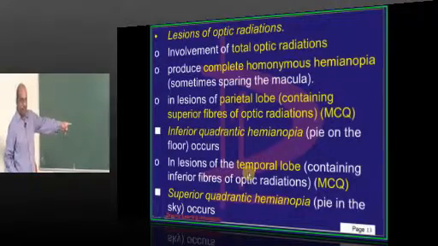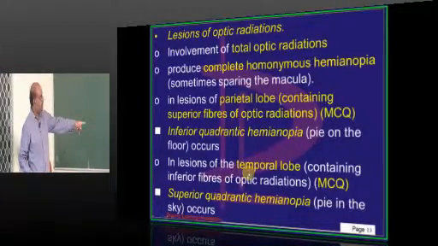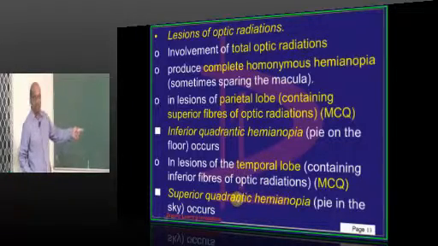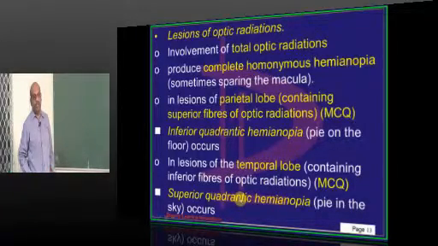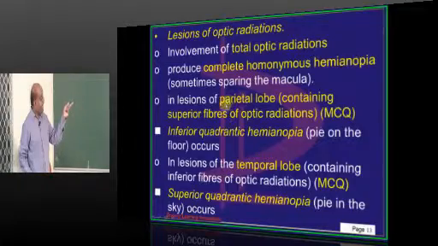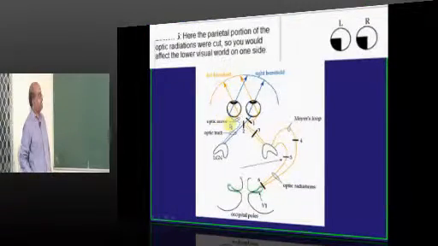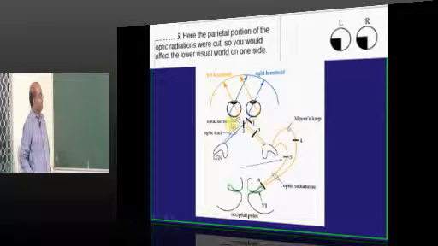It is the temporal lobe, right? So, temporal lobe lesions will lead to superior quadrant anopsia. Parietal lobe lesions lead to inferior quadrant anopsia is what you are going to ultimately remember.